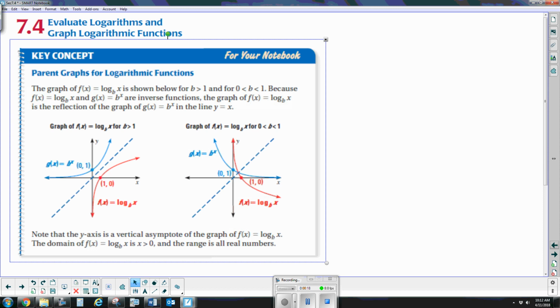So if you look at this key concept that's on your note sheet, the graph of log with base b of x, where b is greater than 1, and where b is between 0 and 1 are shown on this diagram.